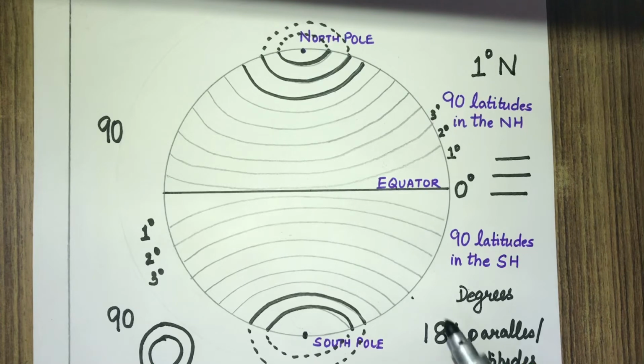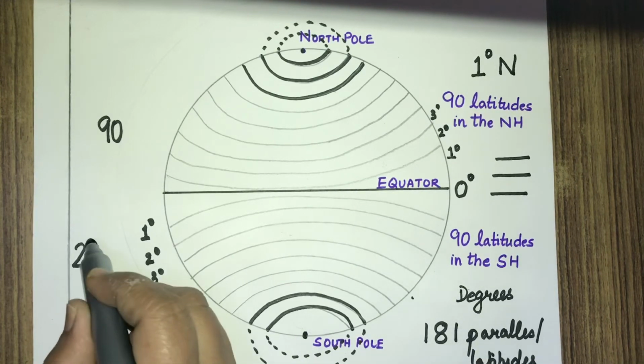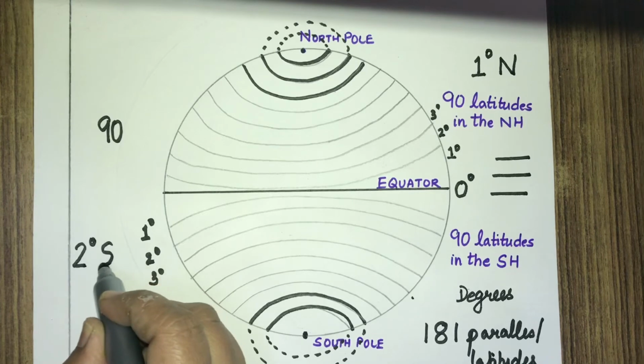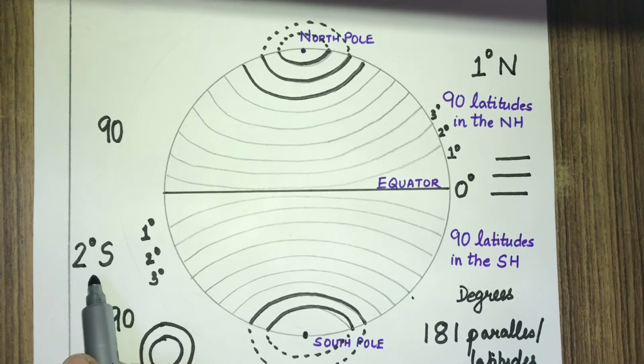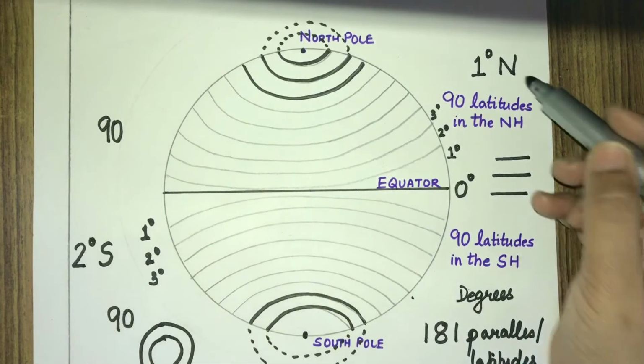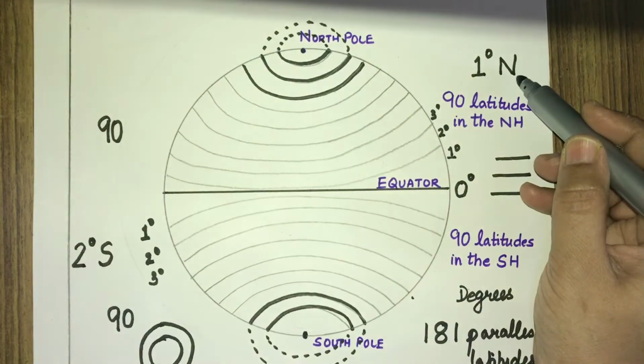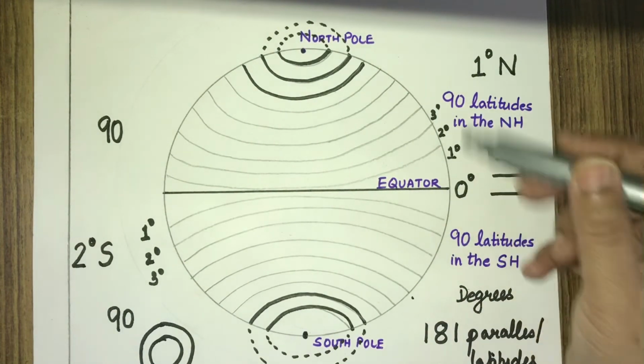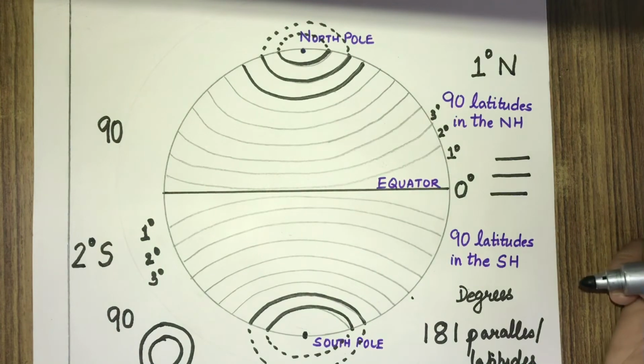Similarly, for a latitude in the southern hemisphere, I will write S. So S stands for southern hemisphere and N stands for northern hemisphere. This is the way we number the latitudes.